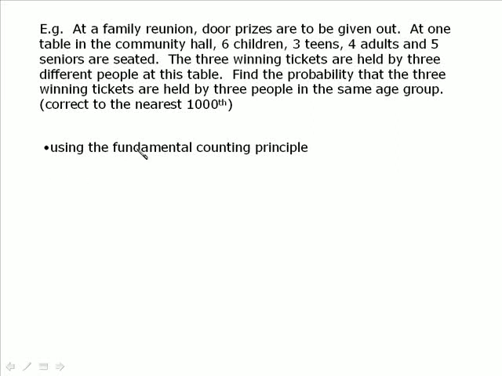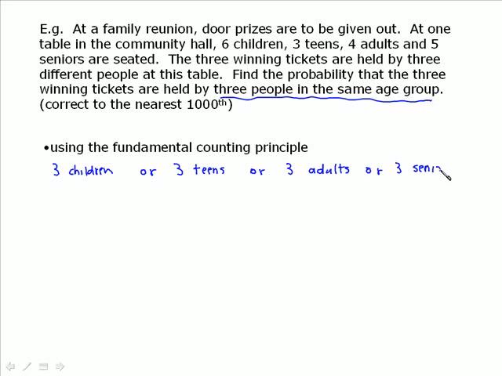And for this question, because they're going to be held by the 3 people in the same age group, the possibilities are that it's 3 children, or it could be 3 teens, or it could be 3 adults, or it could be 3 seniors. Any one of these possibilities is okay.